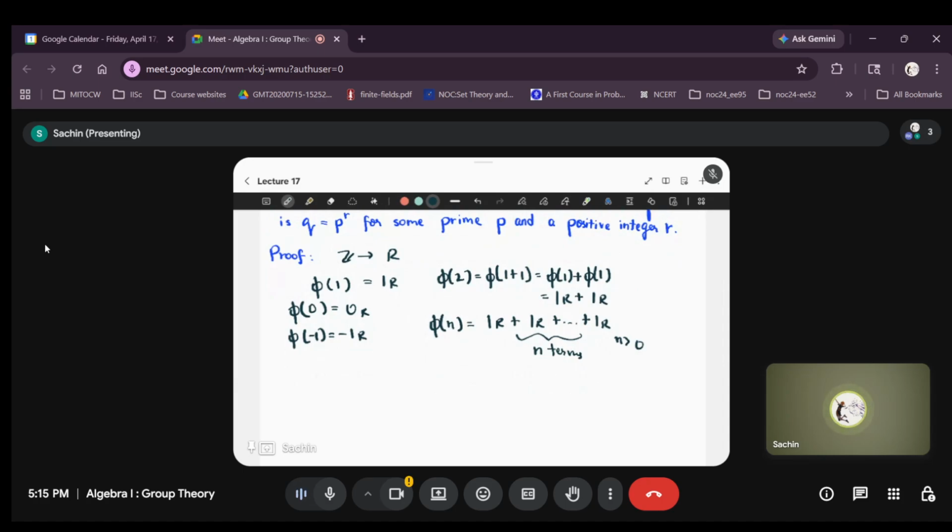Every value is fixed. It depends entirely on what the identity element in the ring R is and what the sum of the identity element added 2 times, 3 times, and so on is. That completely decides the homomorphism. So there is only one ring homomorphism from Z to any ring.